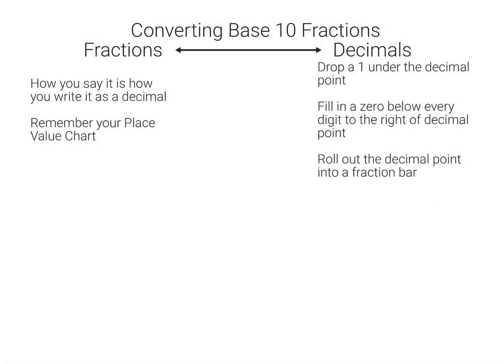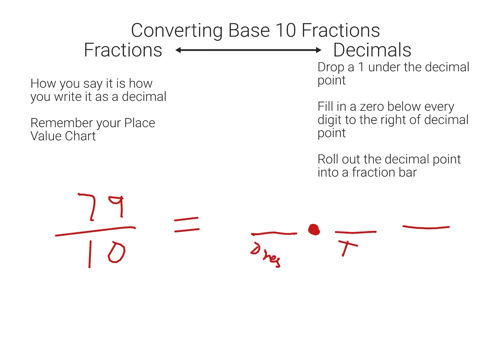Okay? We're going to do one more example. This time I'm going to have 79/10, 79 tenths. In this example, I have an improper fraction, 79 tenths. 79 is larger than 10, which tells me I actually have more than one whole. Now, as I write this, here are my ones. These are my tenths. And then I have my hundredths. And I think there's a typo there, misspelled.